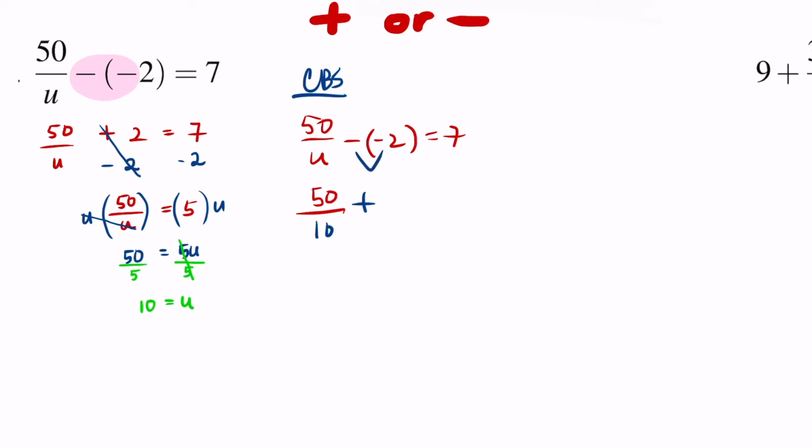Negative negative is plus. So we have equals 7. 50 divided by 10 is 5 plus 2 equals 7. And you need to finish this. Don't leave it like that, okay? 7 is equal to 7. So if both sides are equal, then that means your calculation is correct.